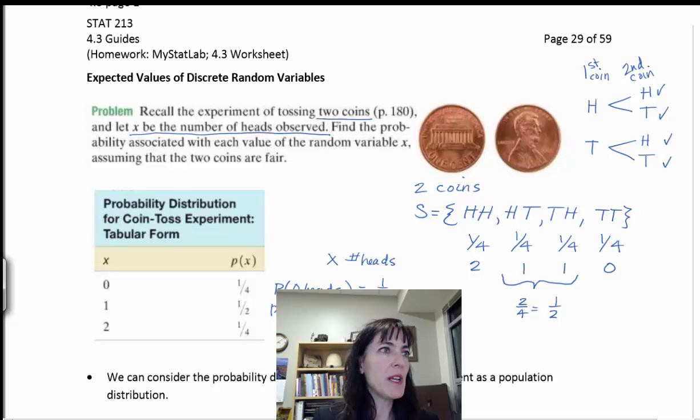The probability of 1 heads showing is 1/2, and then the probability of 2 heads showing is back to 1/4. So that's what that second column is showing me. And this is a table form way of showing your results, and here's the longhand way.